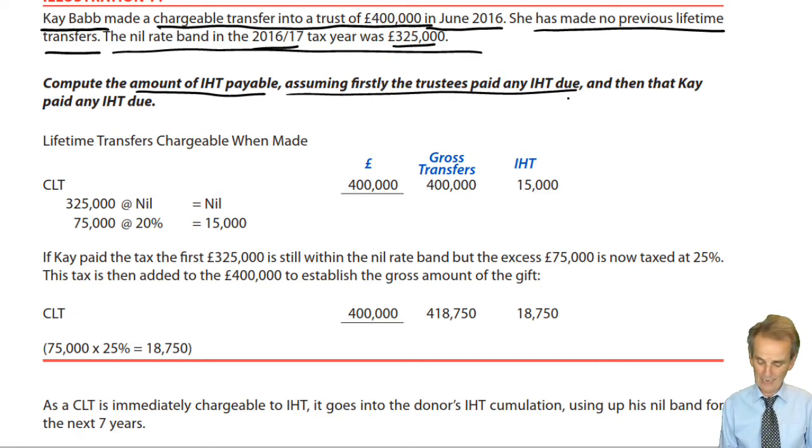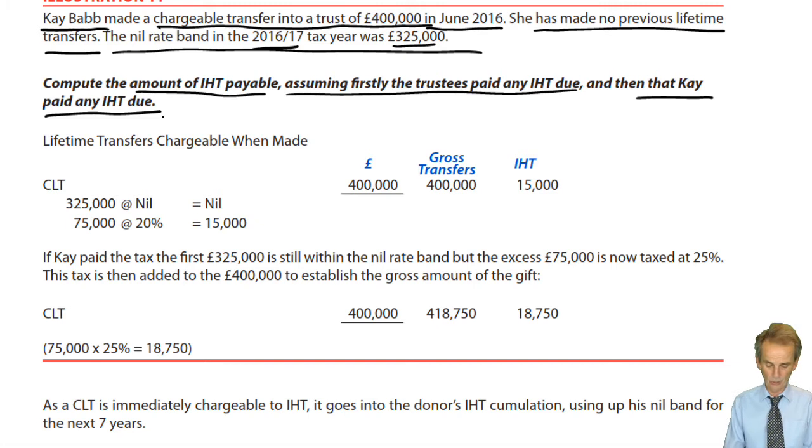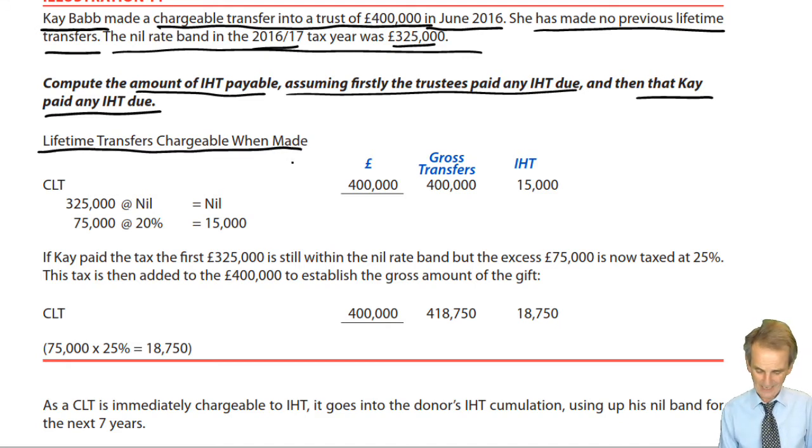After we've dealt with that, then we'll deal with what would have happened if K, the donor, had paid any IHT that was due. So the name of the computation, this time headed lifetime transfers chargeable when made. Again, the same two columns as when dealing with PETs: gross transfers, and then the amount of IHT that may be payable on any of those lifetime transfers.